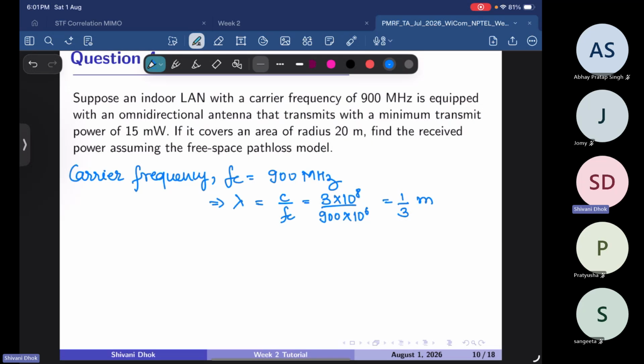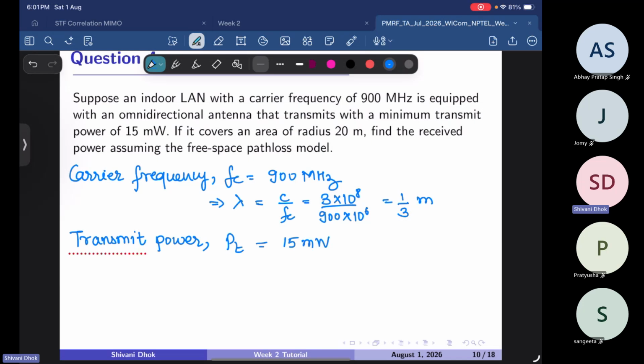It is equipped with an omnidirectional antenna that transmits with a minimum transmit power of 15 milliwatt. So transmit power is 15 milliwatt.